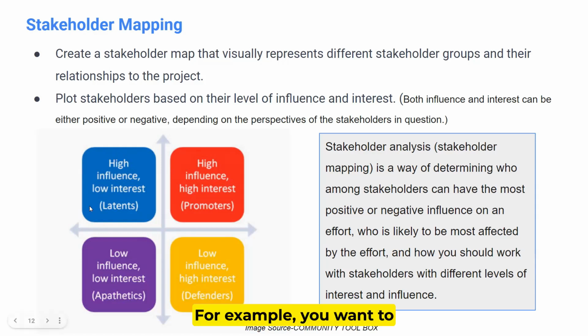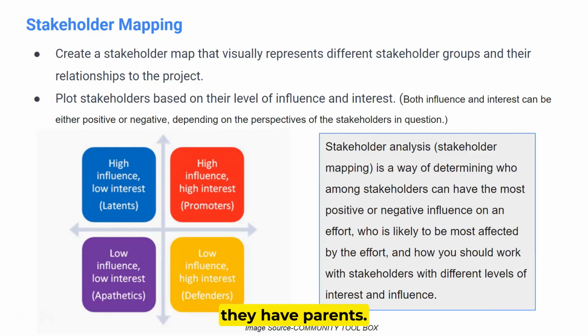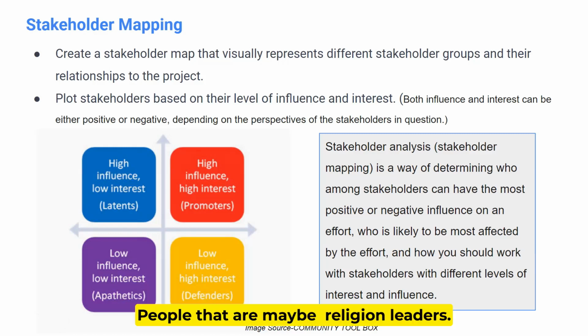For example, you want your community engagement to be about children or young people. These young people, they have family members, they have parents, they have teachers, they have people that are maybe religious leaders.